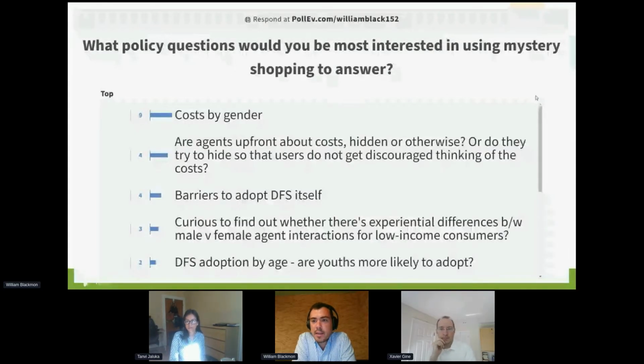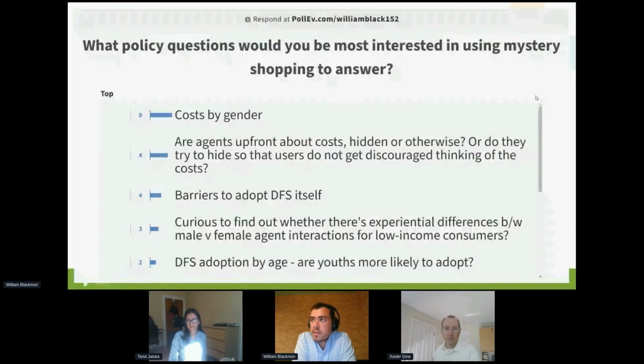And so in our design, essentially what we do is we send mystery shoppers that are otherwise identical and ask them to complete identical transactions with the same agent, and only modify the gender of the mystery shopper. And by doing that, you can quite precisely isolate any gender discrimination by the agent. This is something that we're quite interested in, and we know that mystery shopping is really the best way of getting at this directly.